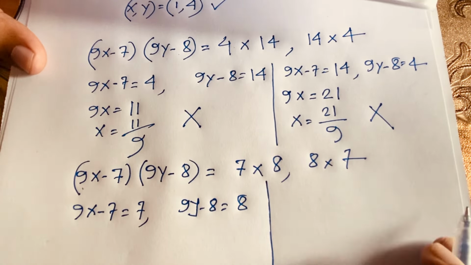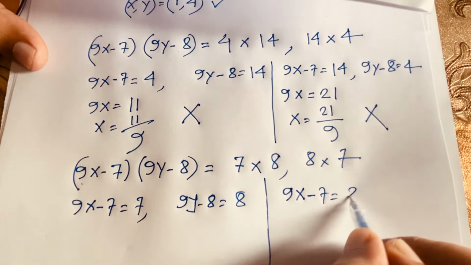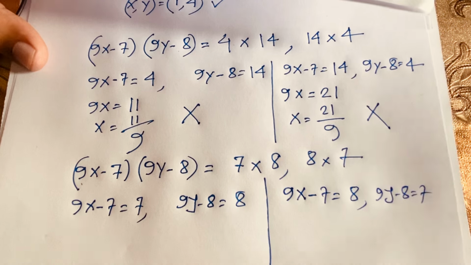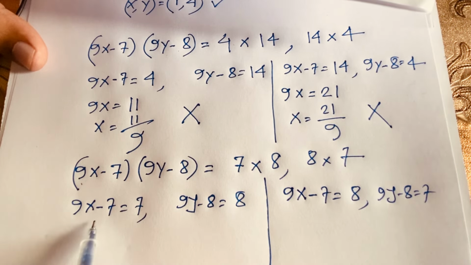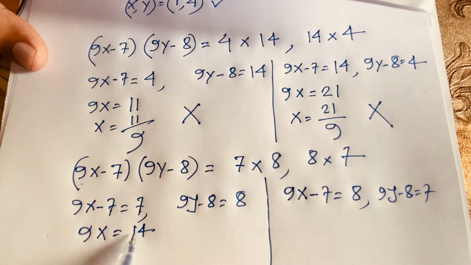Then here you can see easily 9x minus 7 is equal to 8 or 9y minus 8 is equal to 7. But in this expression you can say 7 plus 7 will be 14. So 9x is equal to 14. But here x is equal to 14 over 9. It is not an integer, it is a fraction.